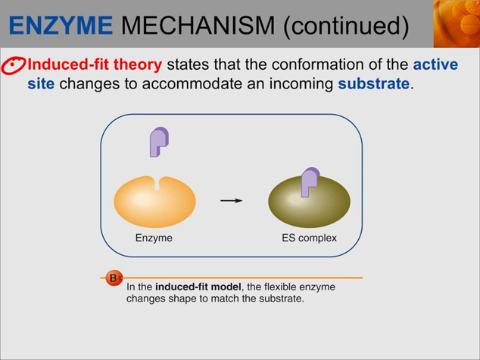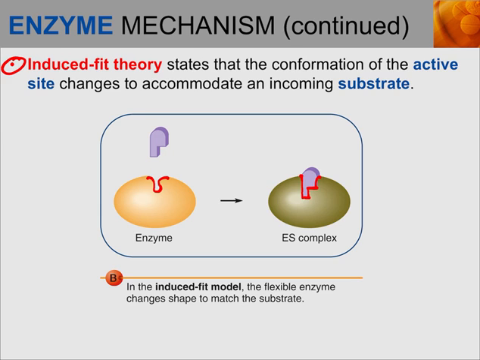It doesn't have to be a specific sugar. So that would be this, for instance. Let's say our enzyme just has a generic little active site there, and the substrate comes in and forces the enzyme to change its active site shape to accommodate it.